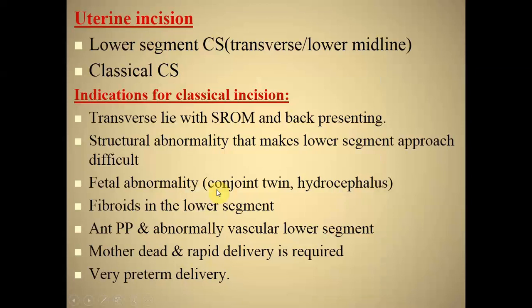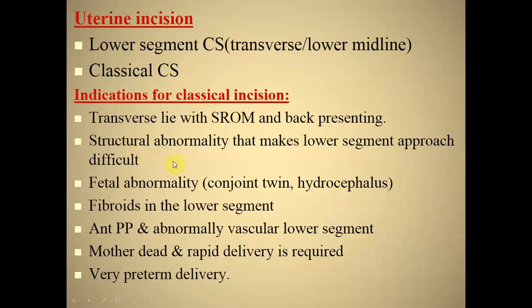If you have a transverse lie with spontaneous rupture of membrane, and the back is the presenting part, you cannot deliver her vaginally by pulling the limbs through a lower segment cesarean section, because the limbs will be hidden up.